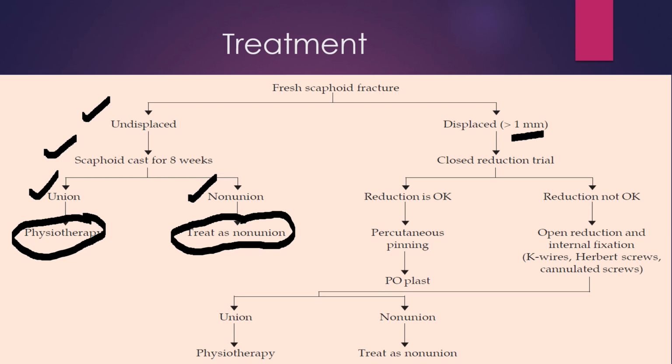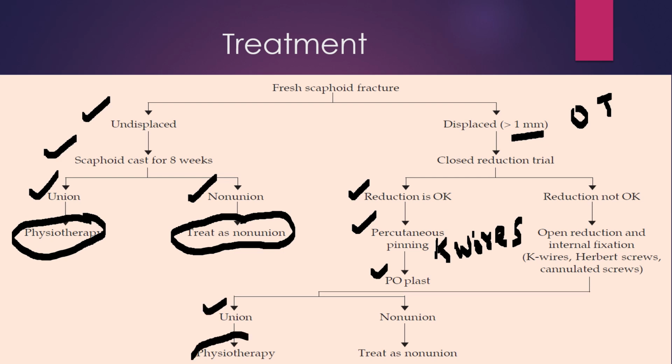We take the patient to the operation theater and we try to reduce it under C-arm guidance with closed reduction. If the reduction is okay, we put percutaneous pins, that is K wires, and apply a plaster of Paris cast. If it unites in 8 weeks, then we send the patient for physiotherapy.